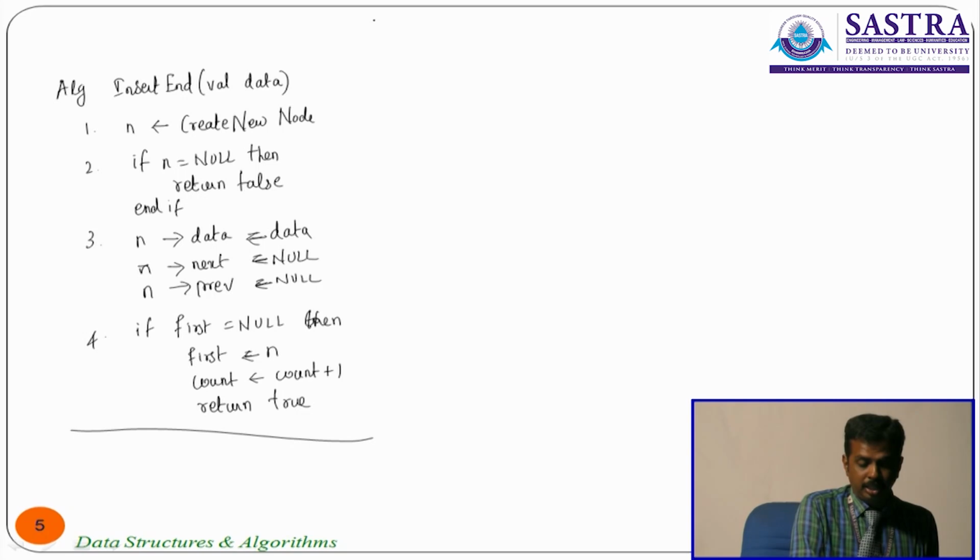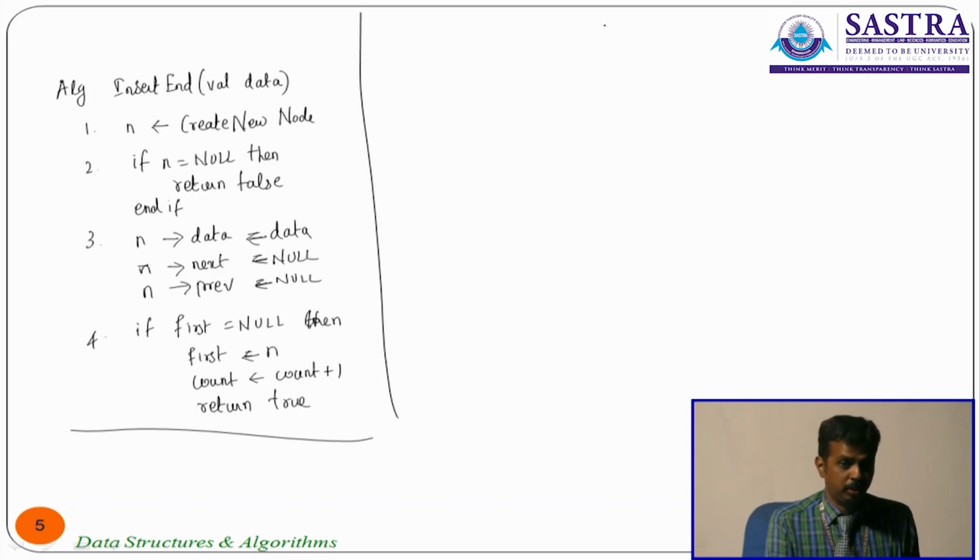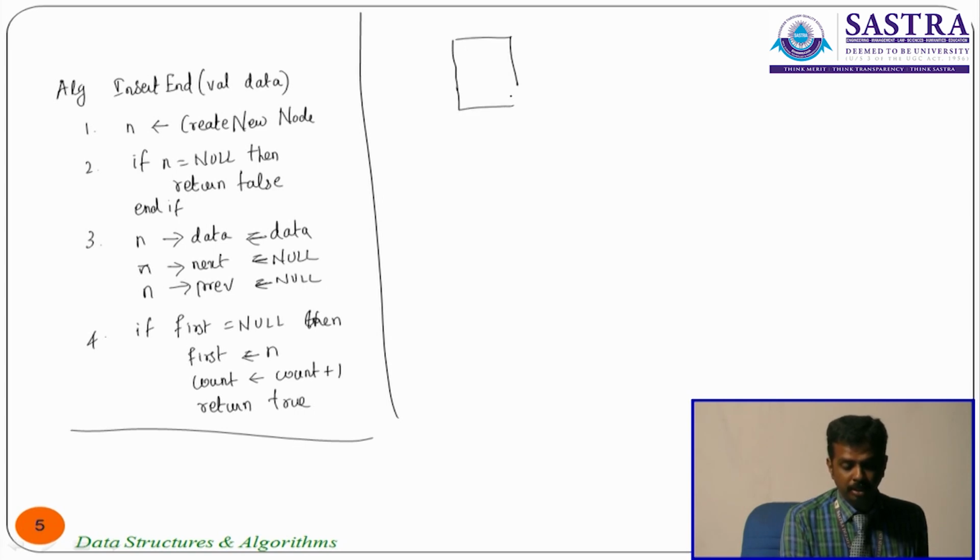Okay. The next thing we need to do is write the code for if it is not a first node. You see one example for that. f contains 310 and count is 3.